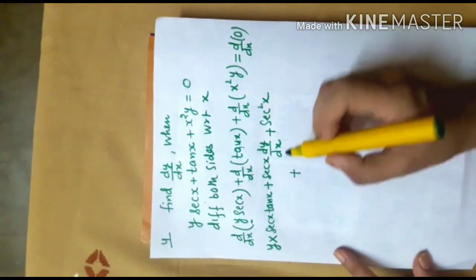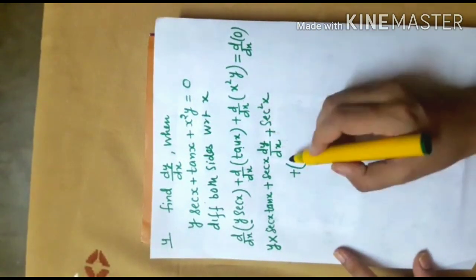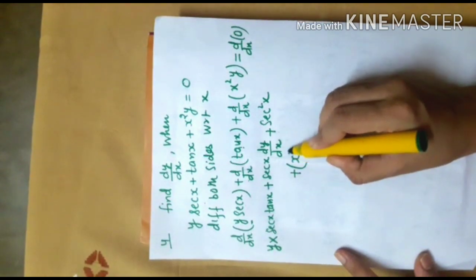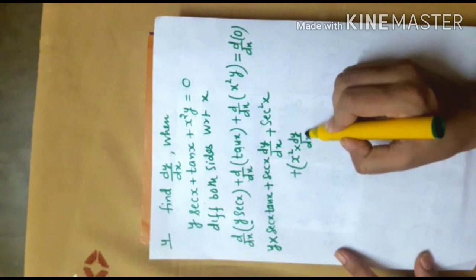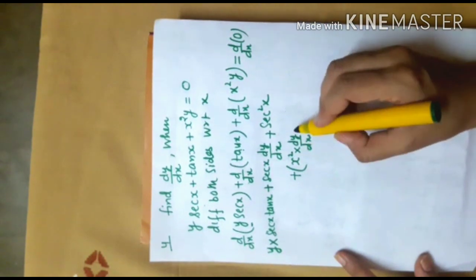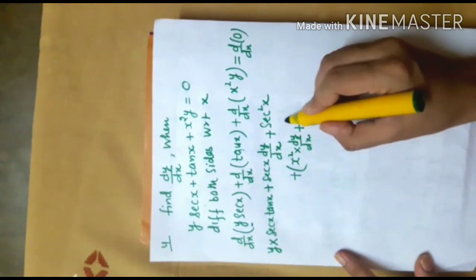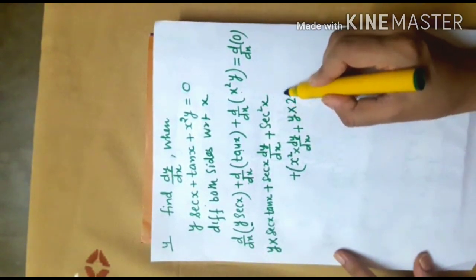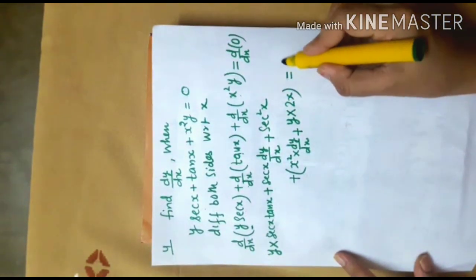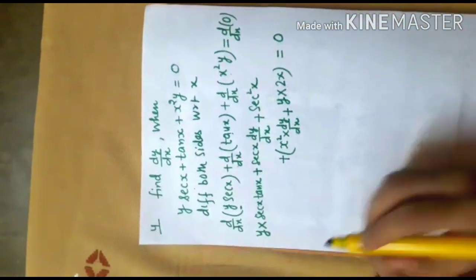Yes, here I'll apply the product rule. First function, that is x square, into derivative of second, dy by dx, plus second function into derivative of first, 2x, and here it will be 0.